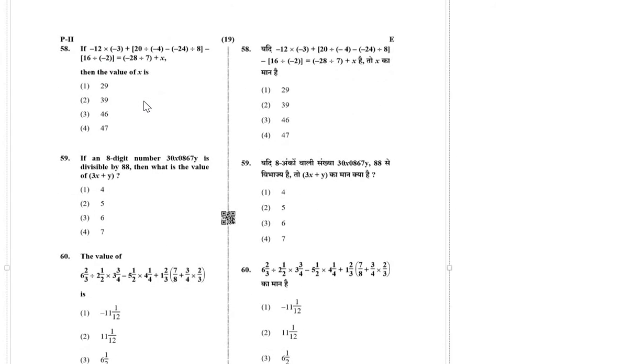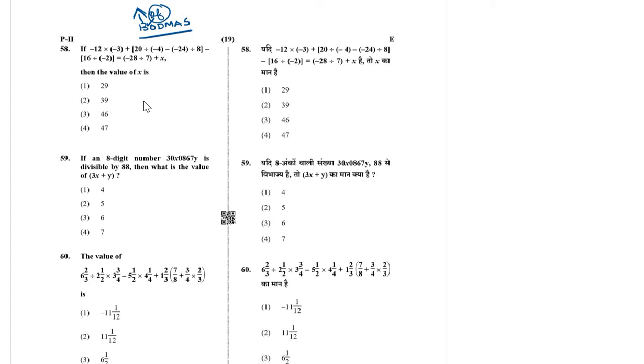Come to the next question. Okay, again some calculations are given. Some expression is given. So here we are using the BODMAS rule. Because if a calculation is given, we have to use the BODMAS rule. What is that rule? If there is a bracket, you have to find the value within the bracket first, and then of, which represents multiplication.